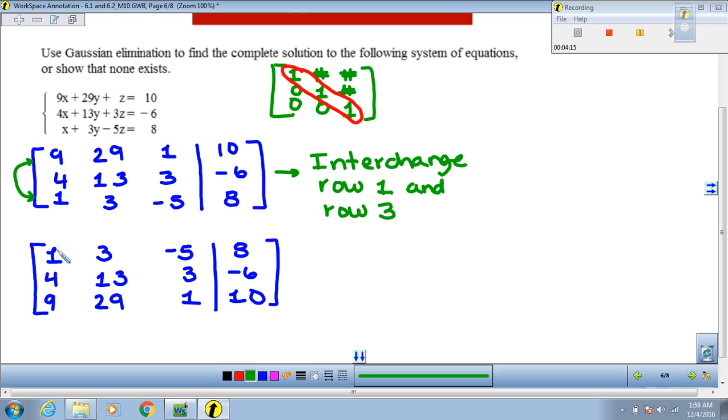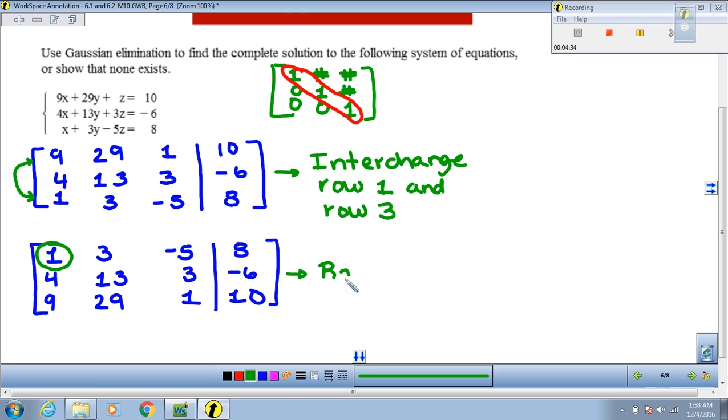So I already made a 1 here. The next thing that I want to do is make the 4 that is under that 1 into a 0. So we need to come up with a rule to convert that 4 into a 0.